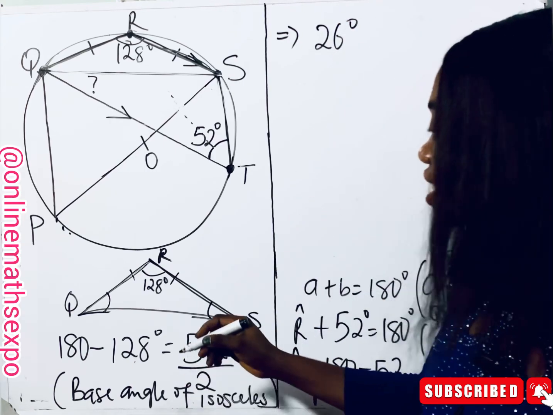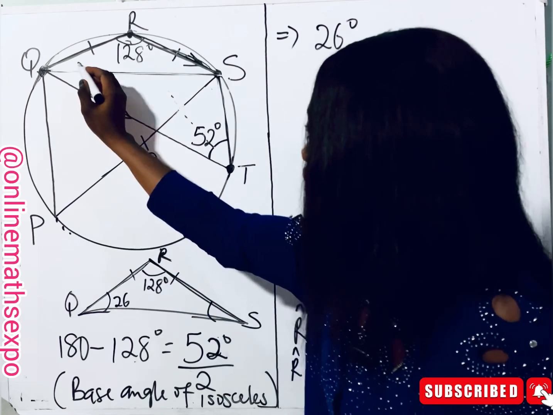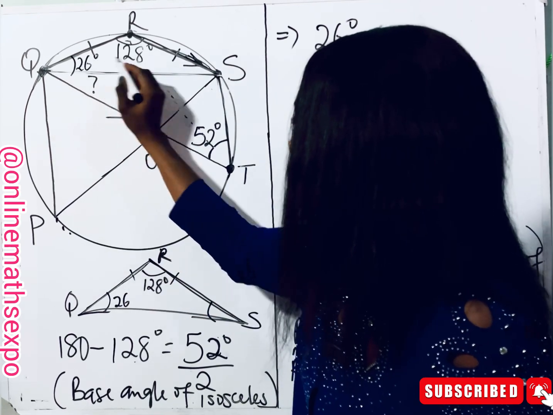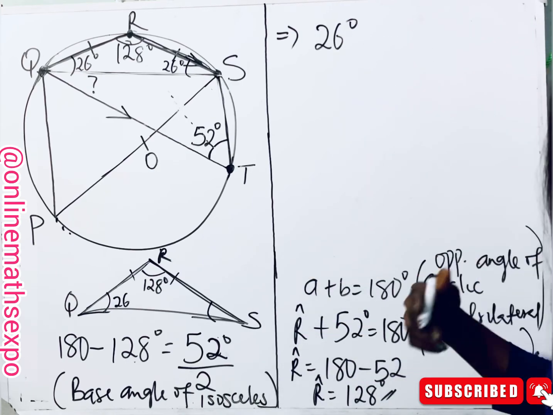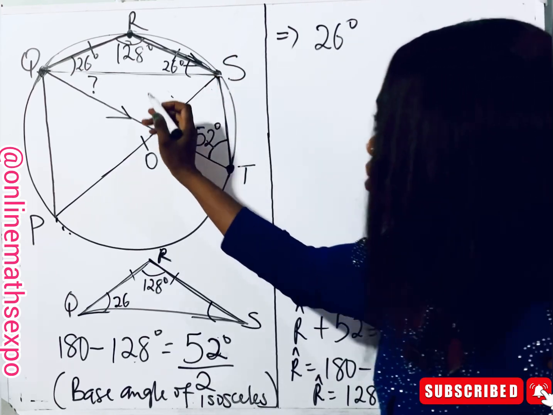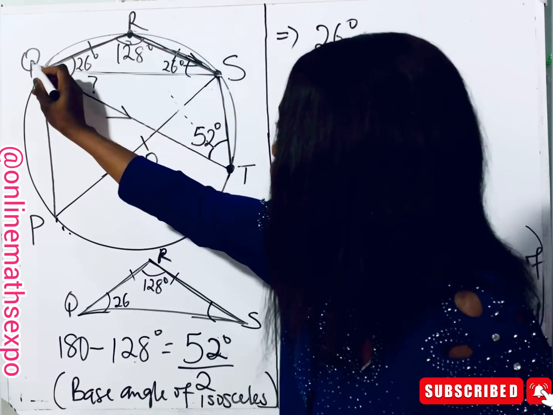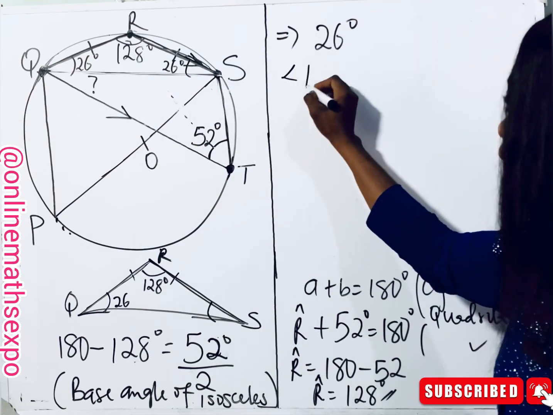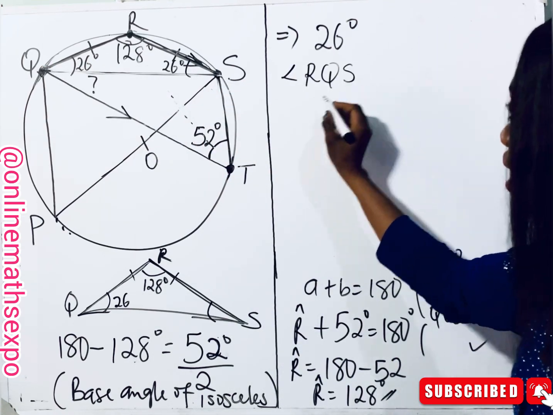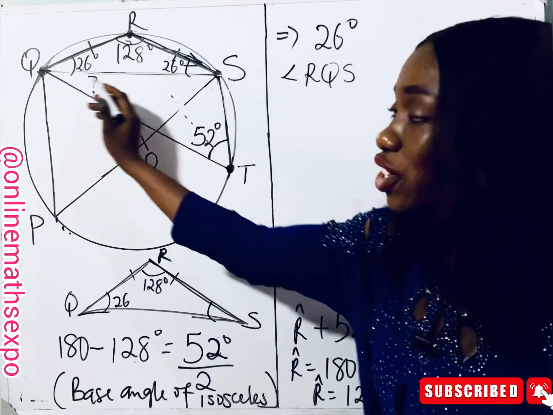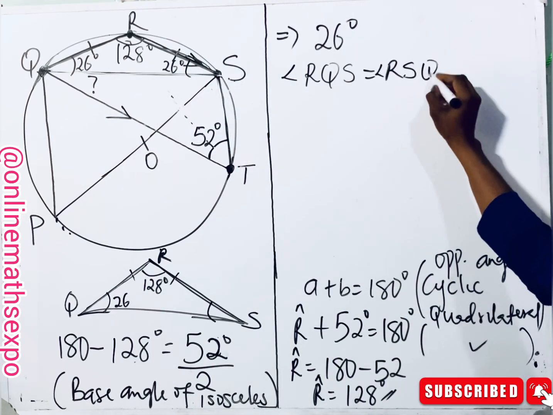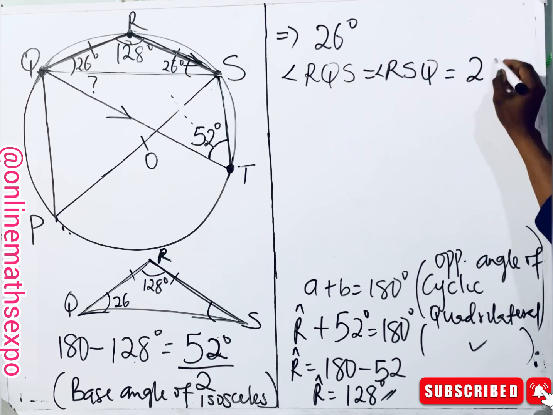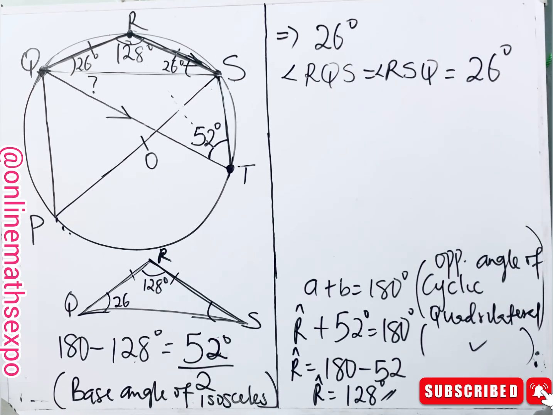So this angle is 26. Here is 26 degrees, and here is also 26 degrees. Let's label it. Angle RQS is equal to angle RSQ, and that is equal to 26 degrees. I hope this is clear.